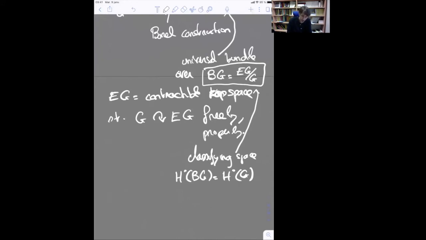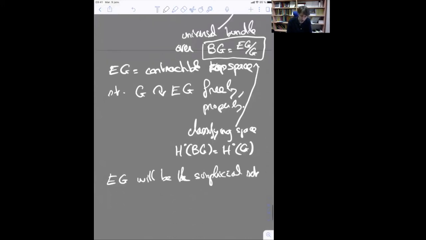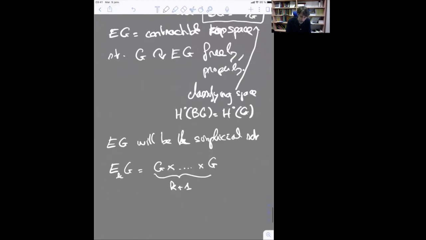EG will be a simplicial set whose degree k part is the (k+1)-fold product of G, and you have some face and degeneracy maps.